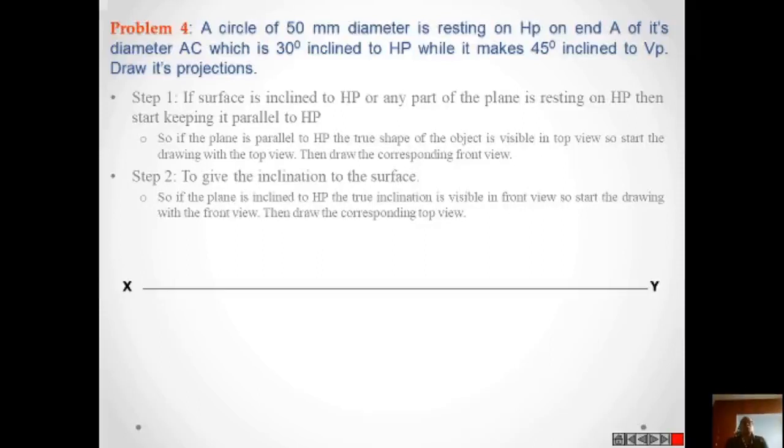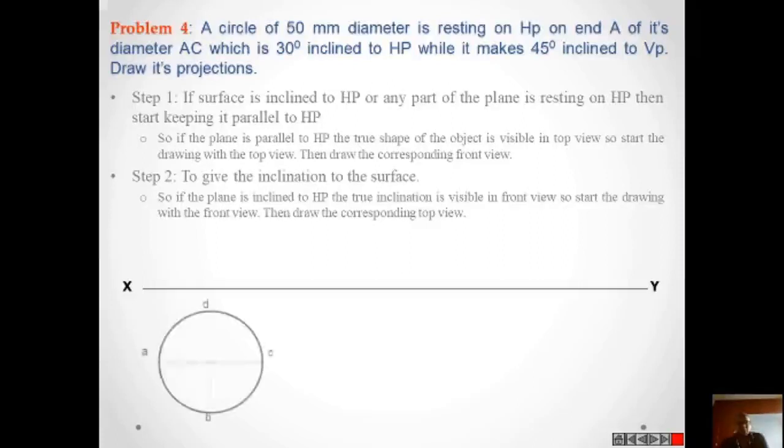So the diagonal AC is inclined at 30 degrees to HP as well as 45 degrees to VP. So how to draw this question? So first step is same. It is resting on HP, so we have to start with the top view, because first thing we are keeping it parallel to HP.